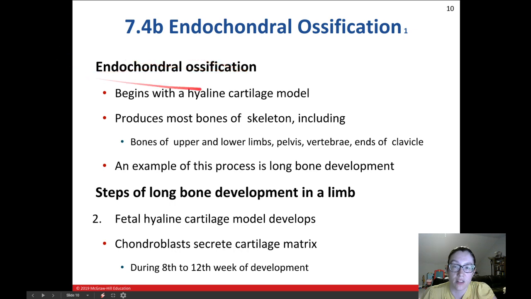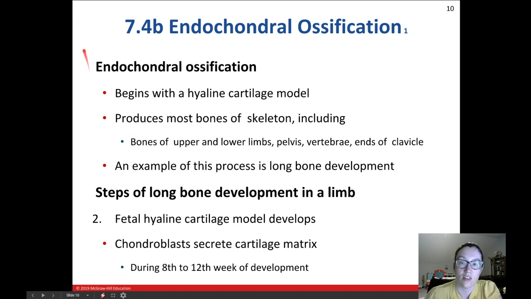So the next part is going to be called endochondral ossification. Endochondral ossification begins with the hyaline cartilage model. That's why earlier we talked a little bit about hyaline cartilage and how hyaline cartilage grows. This hyaline cartilage model is going to eventually produce most of the bones of the skeleton, including a lot of your long bones, the bones of the upper and lower limbs, the pelvis, the vertebrae, the ends of the clavicle.